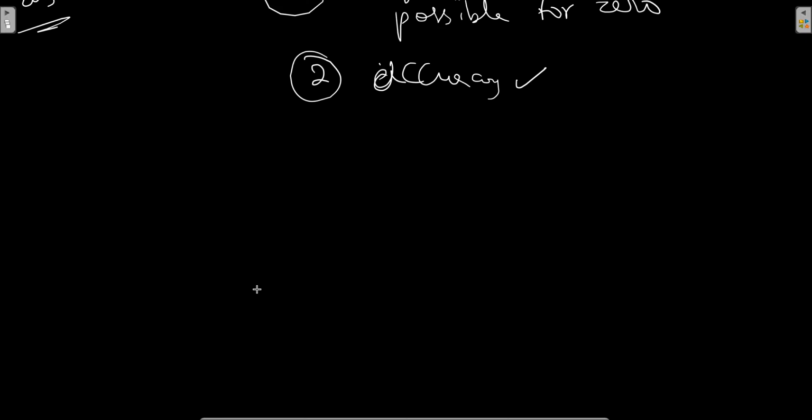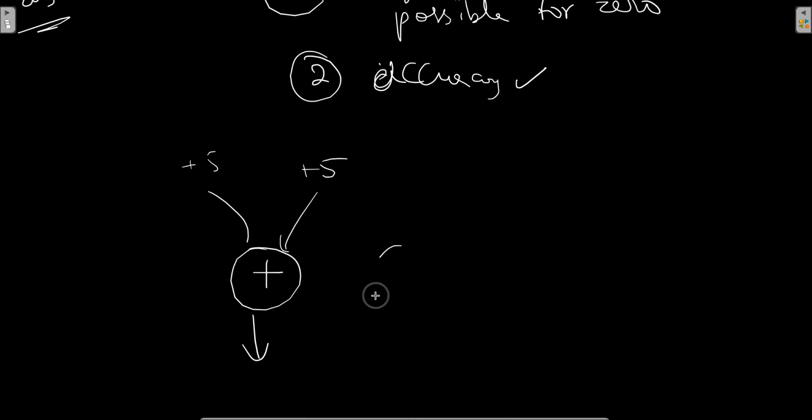The main advantage in signed binary representation is this. When I want to add 2 numbers, say plus 5 plus 5, a single adder is sufficient. When I want to do subtraction, plus 5 minus 5, again a subtractor is required.